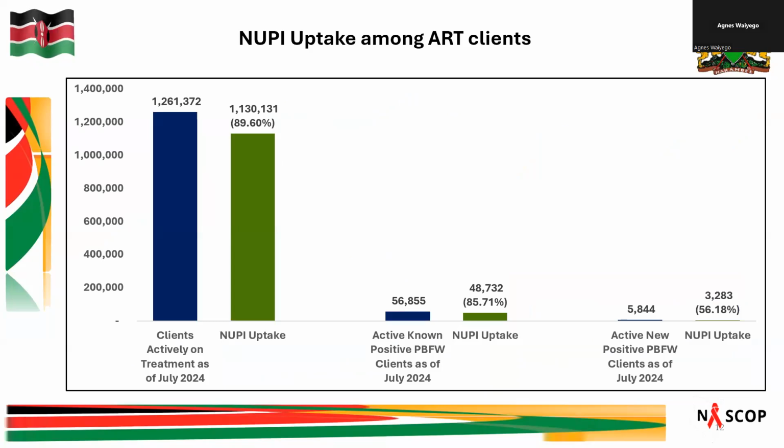So as of July 2024, the NUPI uptake among clients on ART was at 90%, but slightly lower among PMTCT clients, and especially the new ones, where the uptake was at 56%. Breaking this by county, next slide.